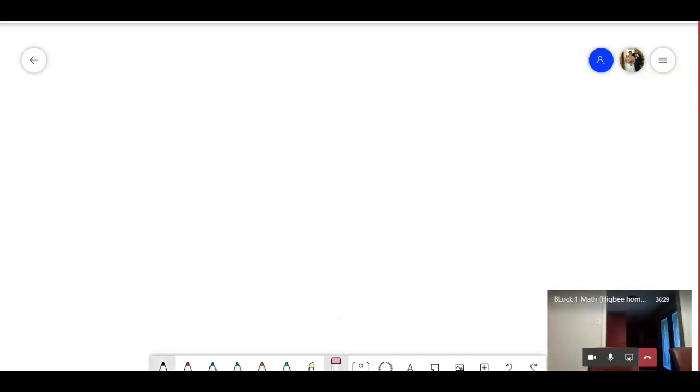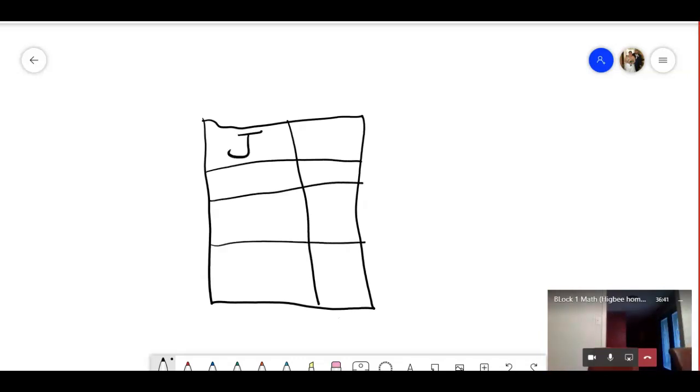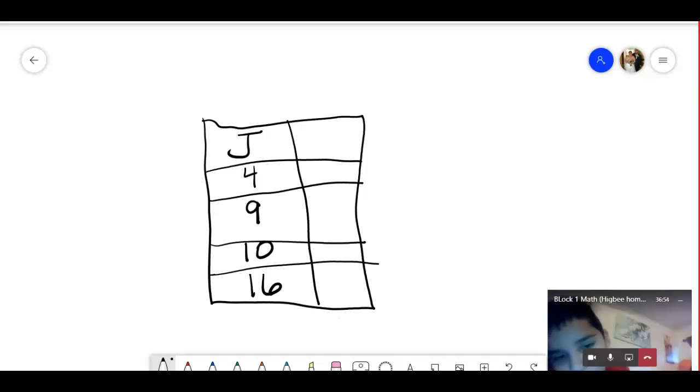All right. So here's our next problem. This time we're going to use J as our variable. And we have 4, 9, 10, and 16. Our values over here are 24, 63, and 70.